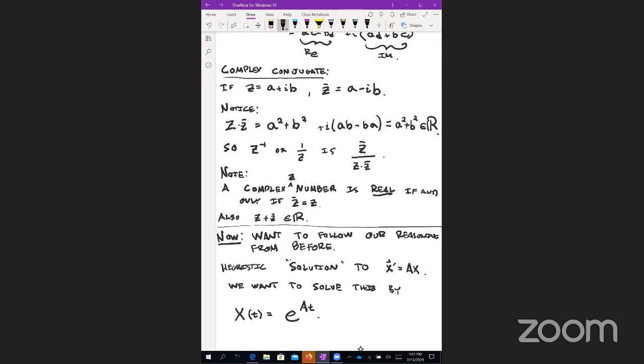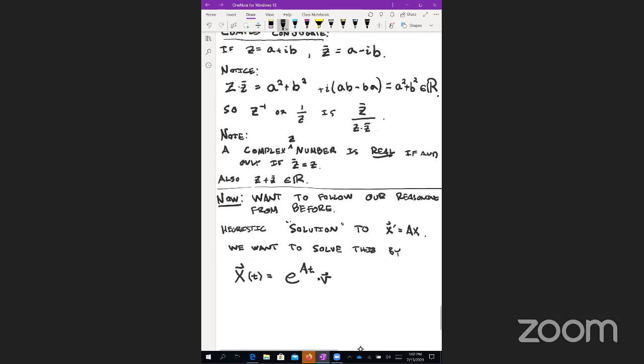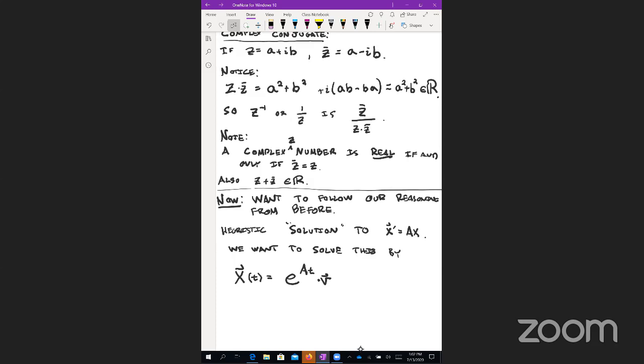So e to the at times some v. Okay. We can do this, but how in God's name do we make sense of an exponential? So how do we understand e to the at?